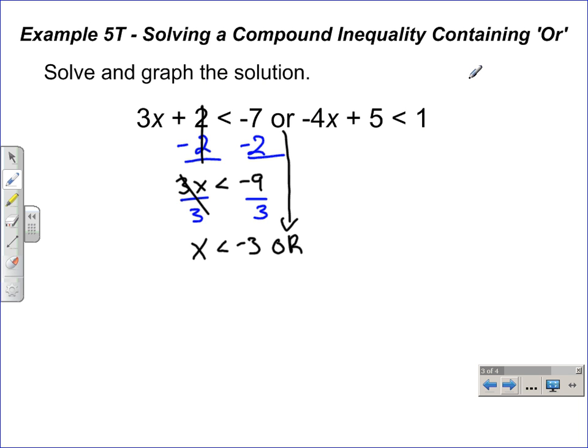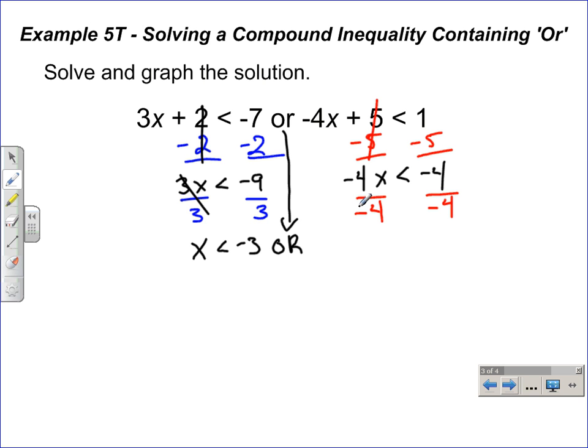And on the right-hand side, we have to solve a separate inequality. We have to subtract 5 from each side. In doing so, the minus 5 plus 5 are opposites. They go away, leaving us negative 4x is less than, and on the right, we do the math. That's a negative 4. Next, I'll divide each side by a negative 4. Now remember, when you divide each side by a negative 4, what do you have to do with the inequality?